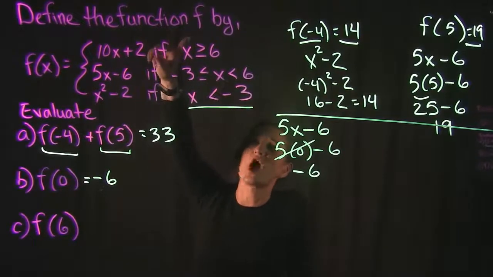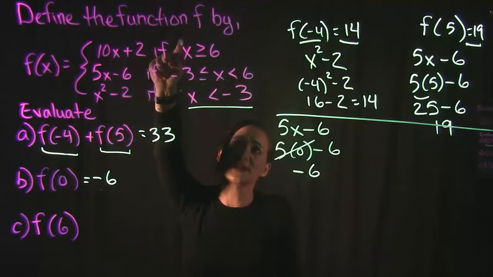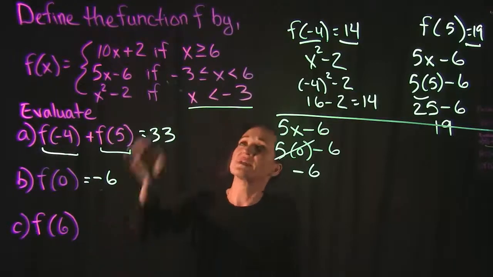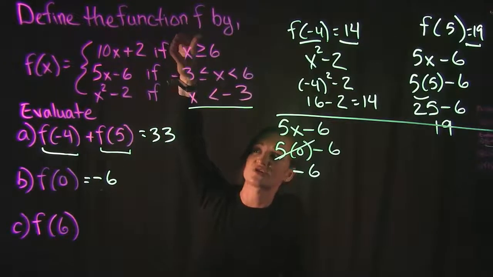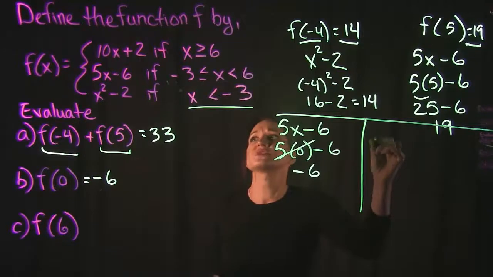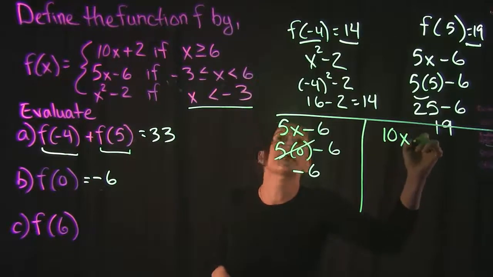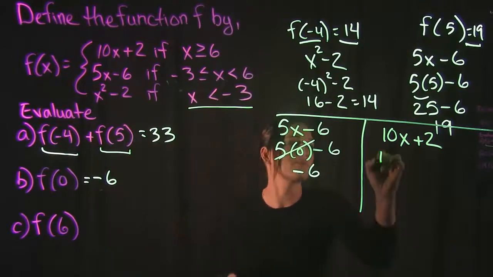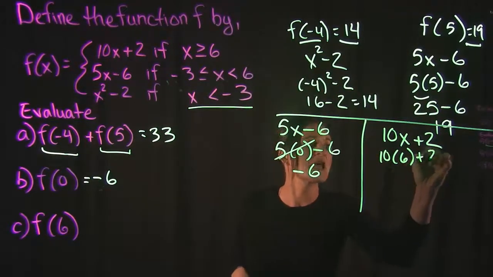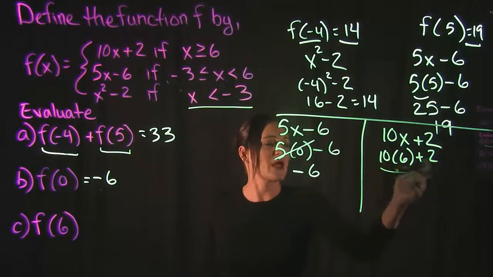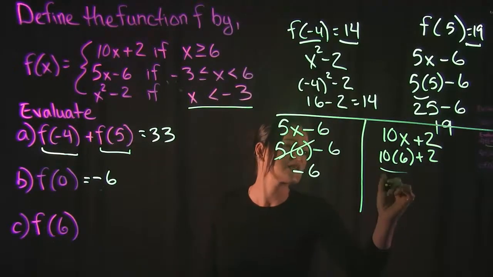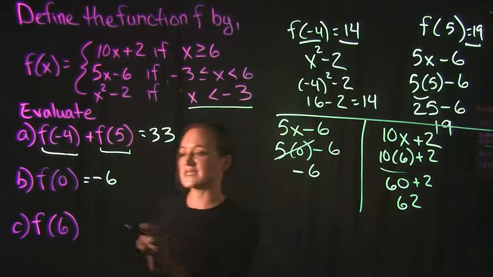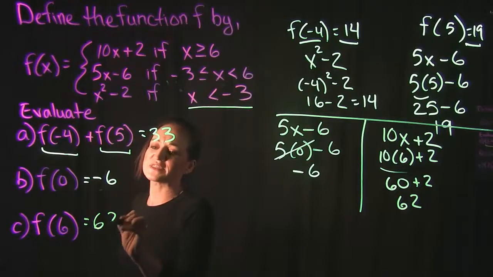We have to use this top one, since this top one says x is greater than or equal to 6, so 6 is included in that interval. So for example C, we're using the function 10x plus 2, and we're plugging in 6 for x and simplifying. We multiply before we add, so 10 times 6 gives us 60, and when we add that 2 to it, it gives us 62. So f of 6 is equal to 62.